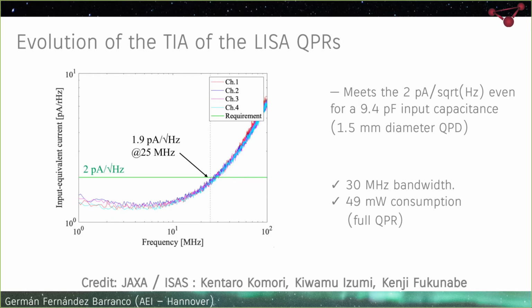And that's true even for a 0.4 picofarad input capacitance, which corresponds to a 1.5 millimeter diameter QPD. So those were also very good results. Apart from that, the bandwidth was also measured, and it's 30 megahertz, which should be sufficient for LISA, and the power consumption was 49 milliwatts, which is also well below the 200 milliwatts requirement for the LISA QPRs.